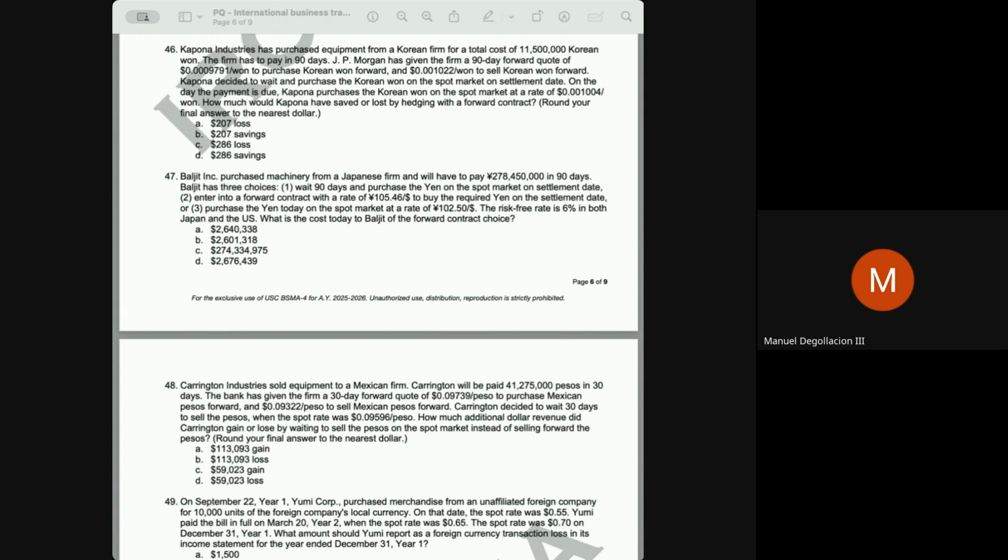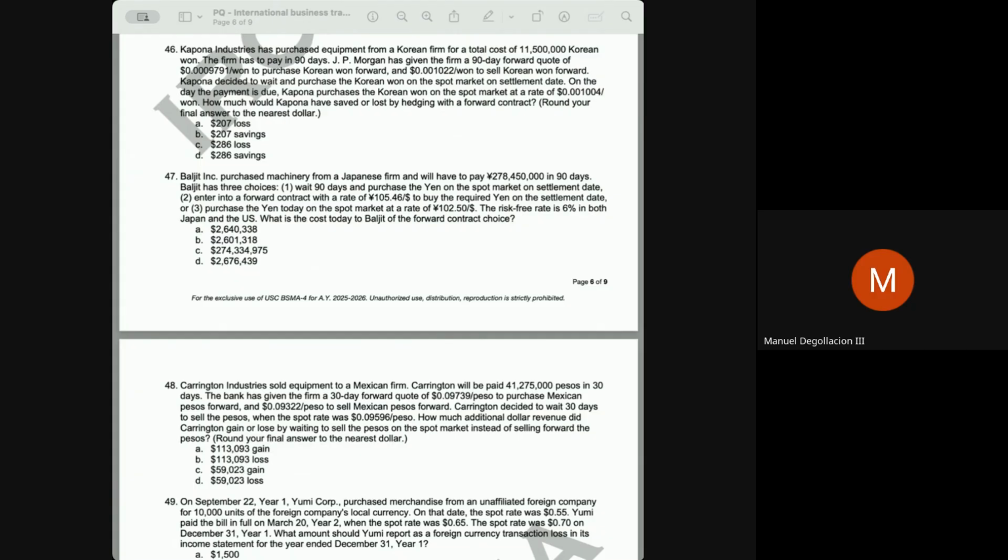And then the question is, what is the cost today to Baljit? The equivalent is 278,450,000 divided by 105.46.